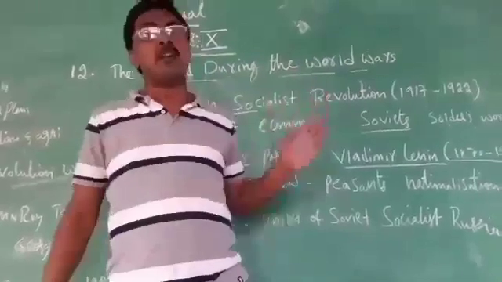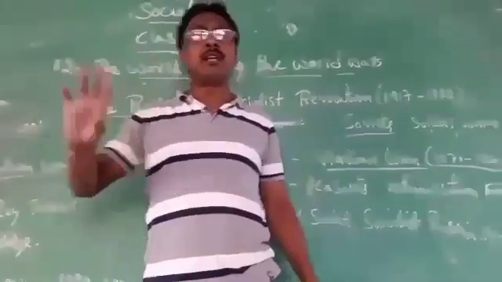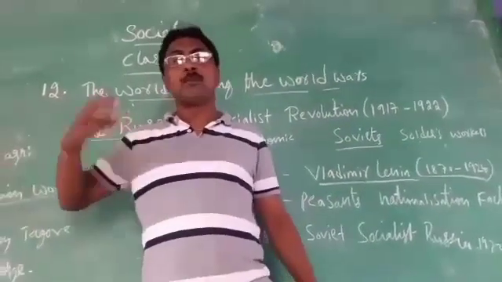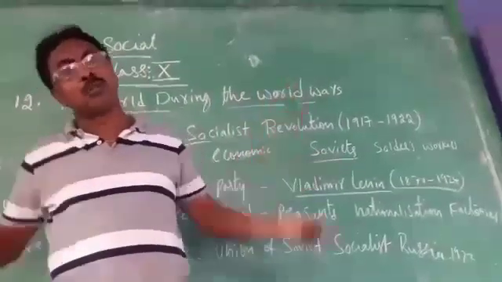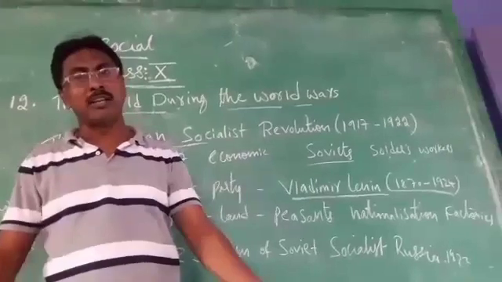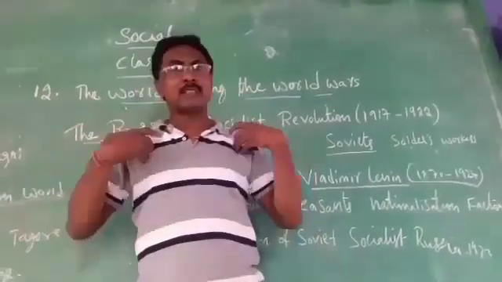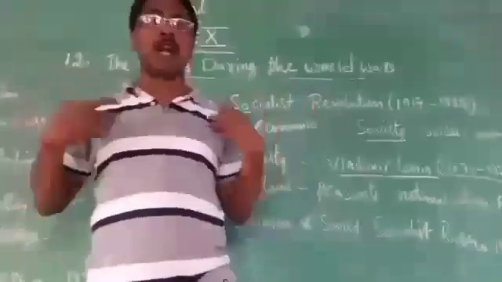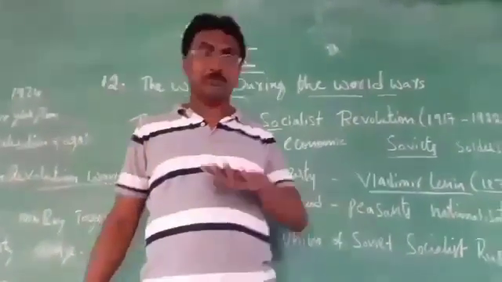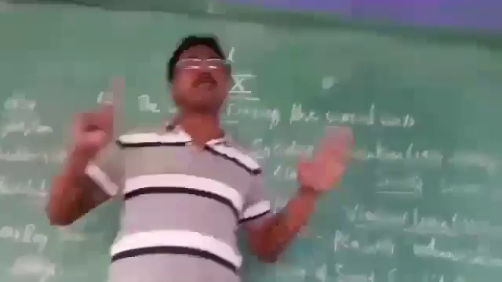Like that, equal. Means nobody should say it's my land. The persons who are working on that land can say it's my land. Everybody is an owner. Those who are working in the lands as agriculture can say it's my land, it's our land. And the profit was distributed equally among all the members.